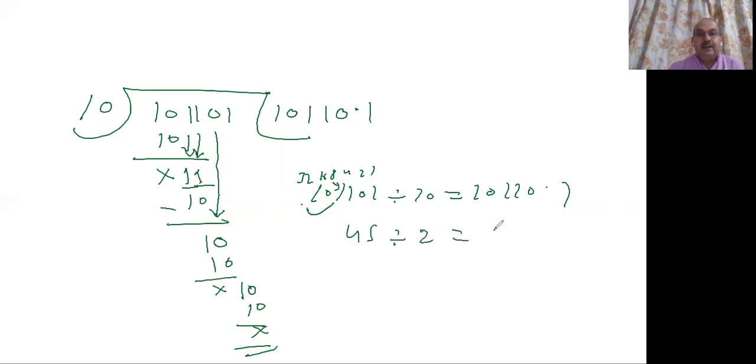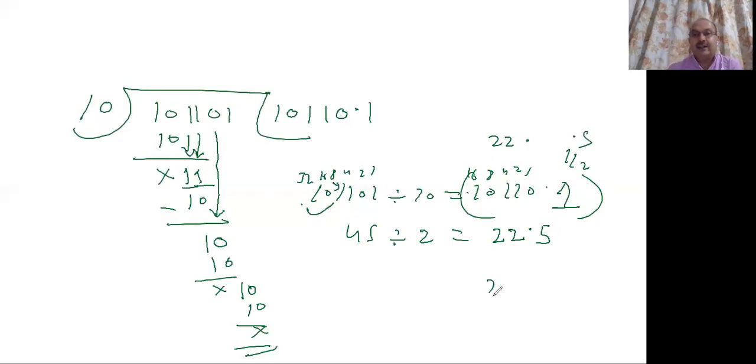So it will be 22.5. Is that clear? Let's check this answer: 1, 2, 4, 8, 16, 16 and 4 is 20, 22. Point. Remember, on this side, what is it? 1/2. So what is 1/2? 0.5. And only 1 is there above. So what is the answer? 22.5.